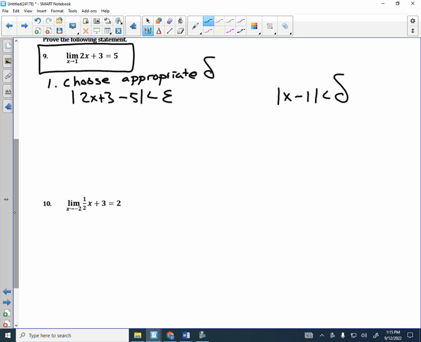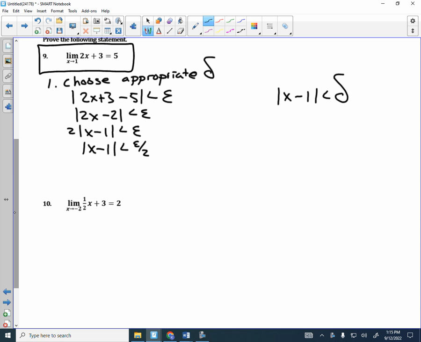Okay, I saw 4 groups had it. You have 2x what? Minus 2 less than epsilon. Factor out the 2: the absolute value of x minus 1 is less than epsilon over 2. So the absolute value of x minus 1 is less than what? Epsilon over 2. So does that look like that?